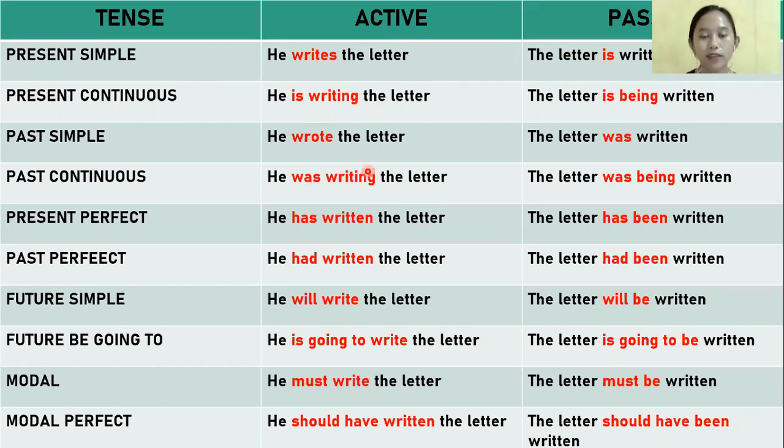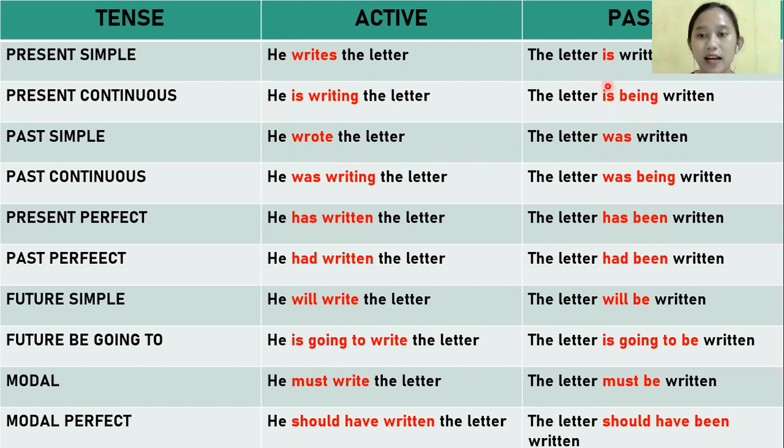Next, he wrote the letter. Wrote is the verb past of write, or verb 2. When we want to change it into passive voice, the letter was written. Why was?